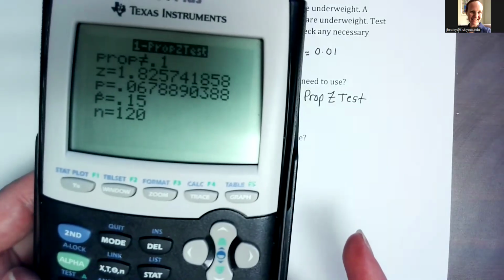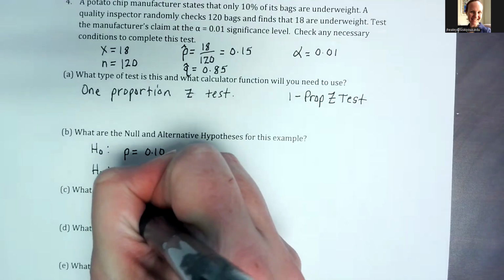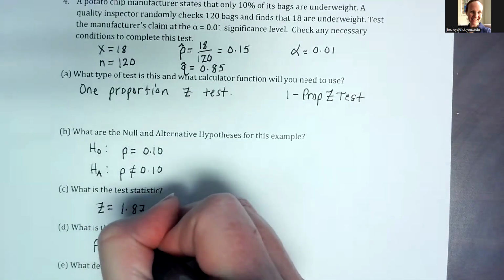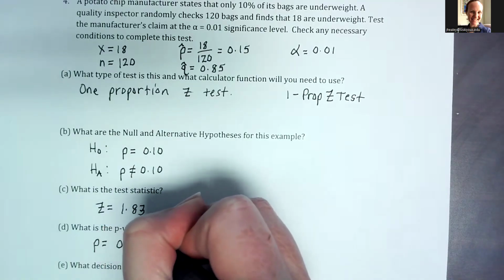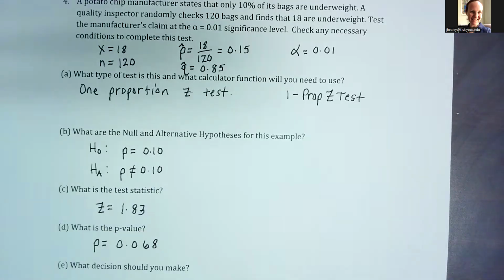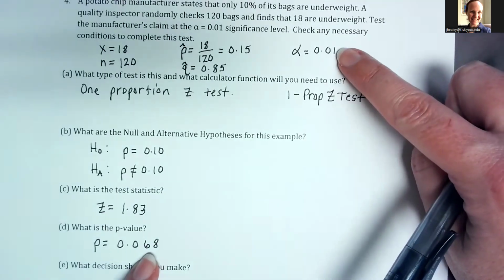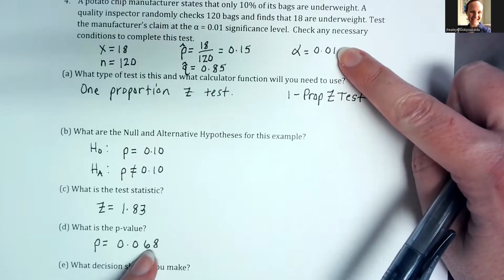Okay, so we've got a z of 1.83 approximately, and our p-value is 0.068 all around it. Okay. So p-value compared to alpha: in this case, our alpha is about 1 penny, our p-value is almost 7 pennies, so the p is bigger this time.